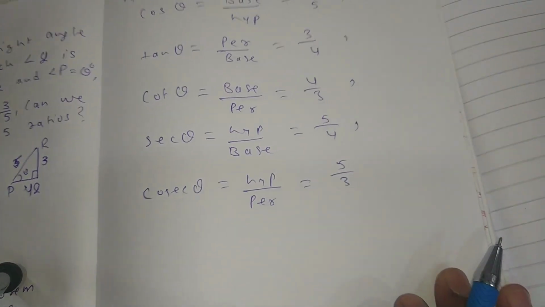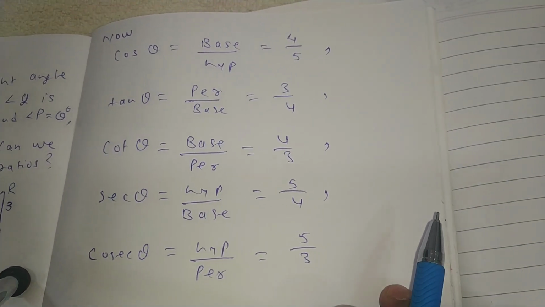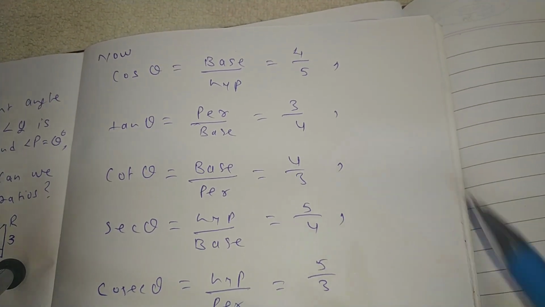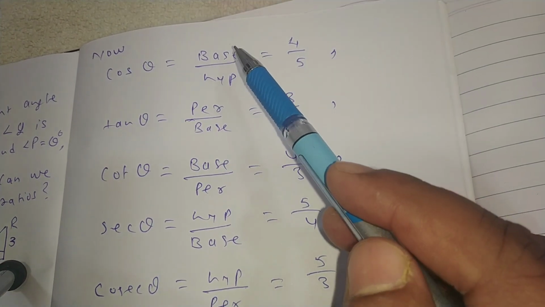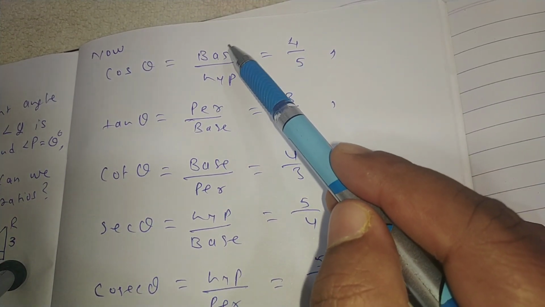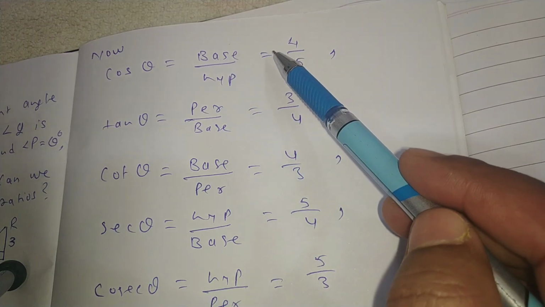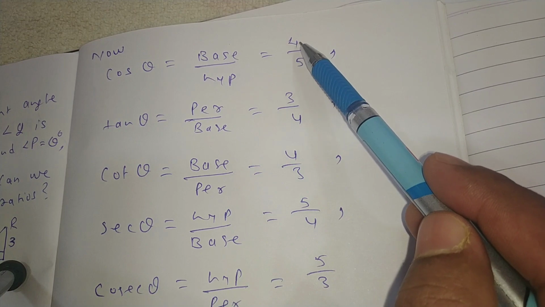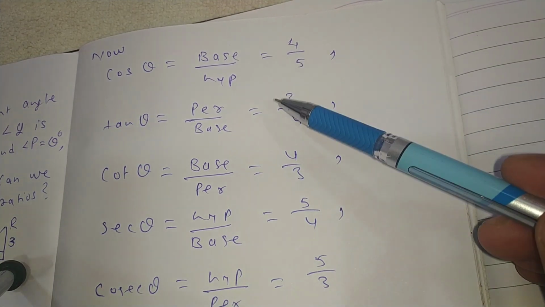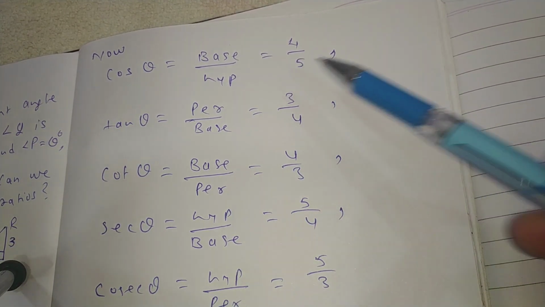So cos theta is equal to, from the last classes we know that cos theta is base upon hypotenuse, which means base is 4, upon hypotenuse 5.